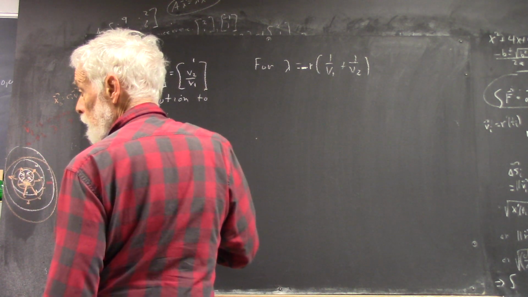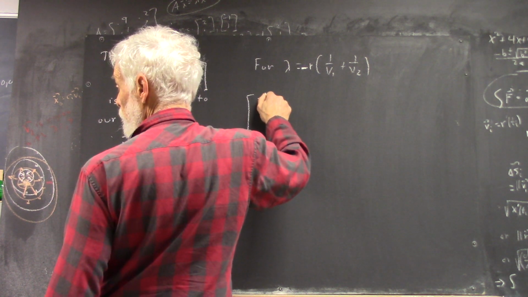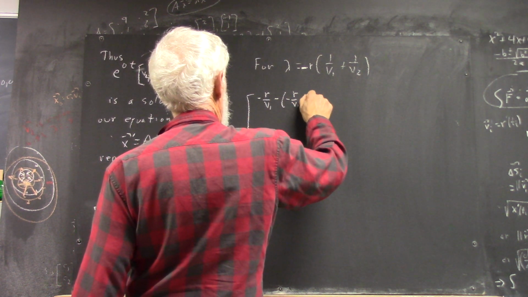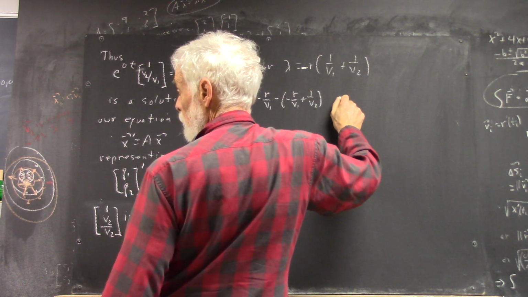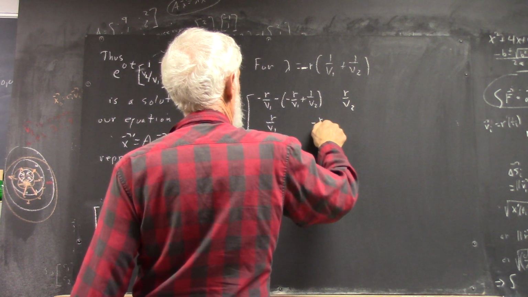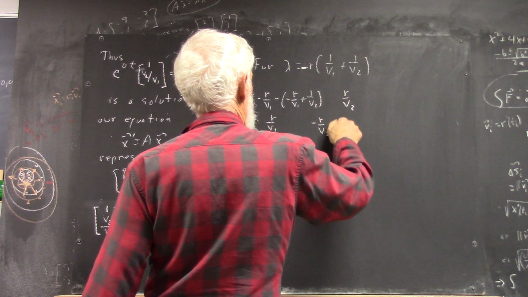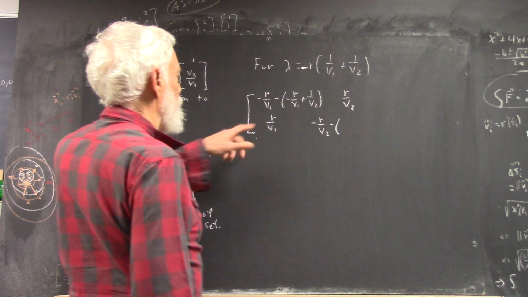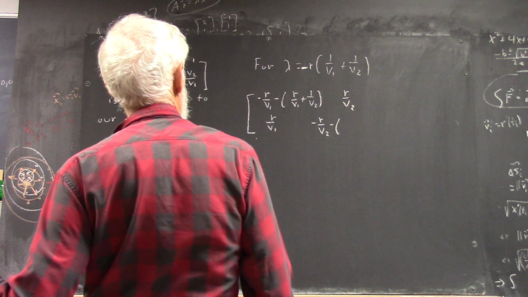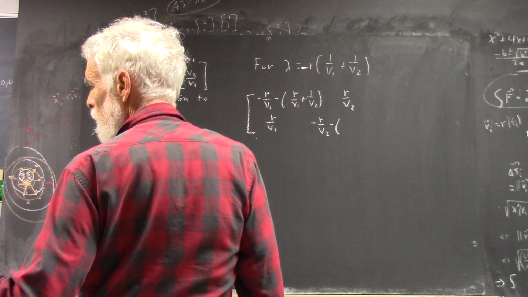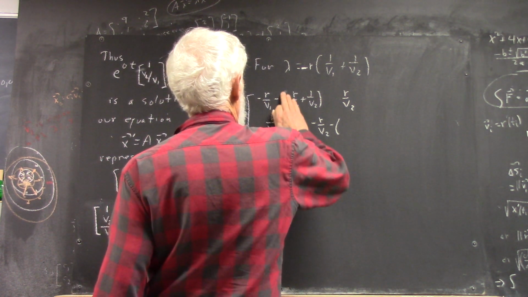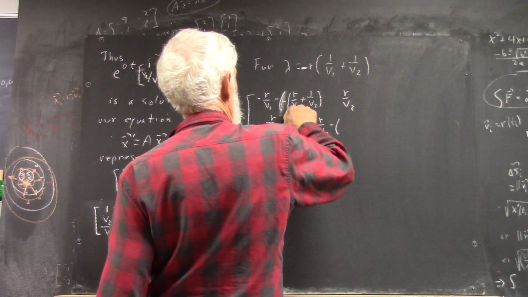Well, we get r over v2, then r over v1, then negative r over v2 minus... I've put the negative in the wrong place. Actually, I needed it here, but I needed parentheses there.